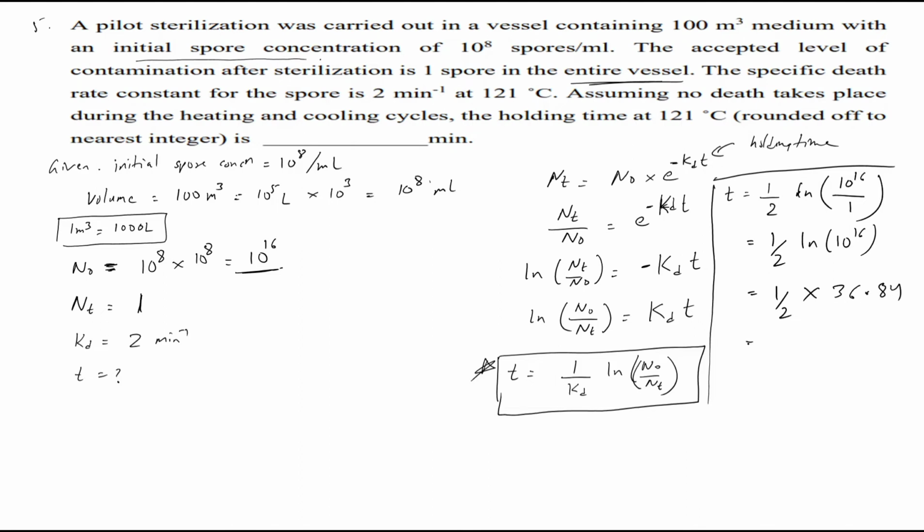Now we will cancel it with 2, so the value will come as 18.42. The question says the answer should be rounded off to the nearest integer. So the nearest integer to this value is 18. So the answer will be 18.